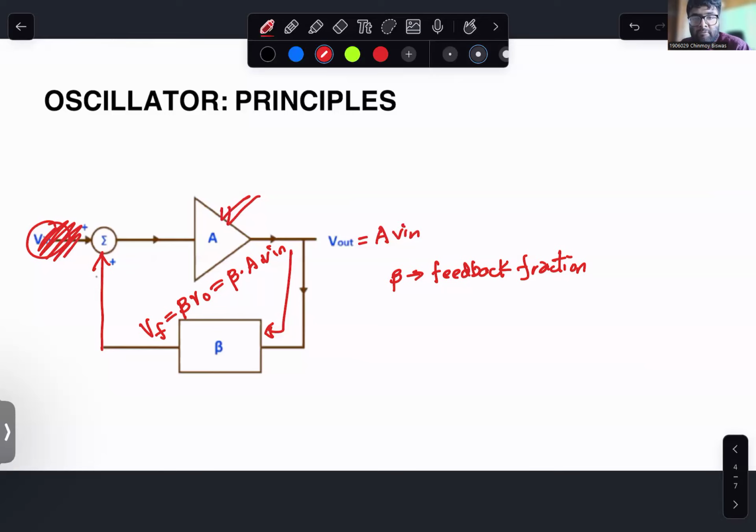So now the feedback signal Vf will act as an input to this amplifier. So after removing the input voltage, whether we'll get a sustained oscillation or not, that depends on the product of A and beta. And this product is termed as the loop gain of the circuit.